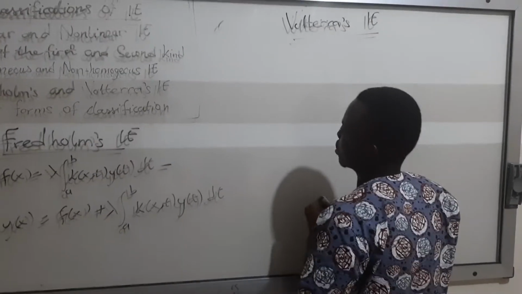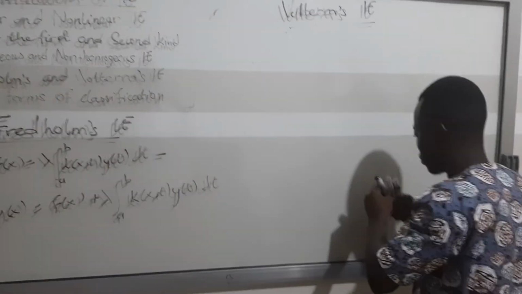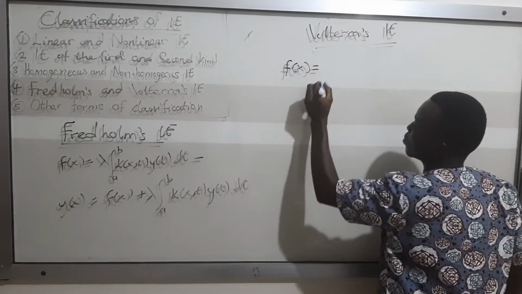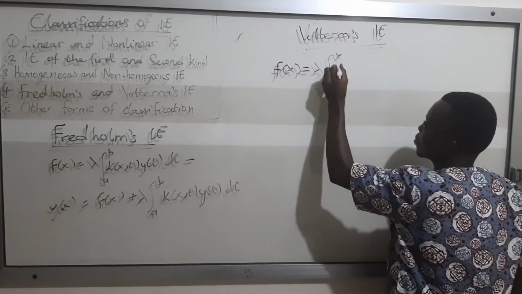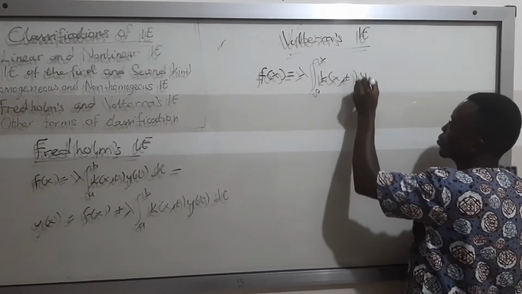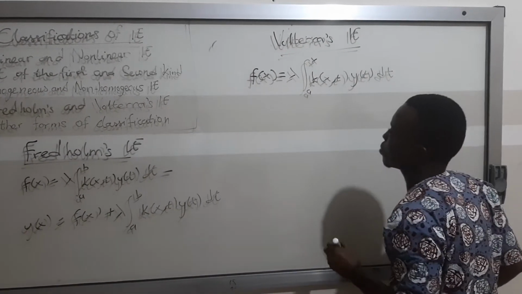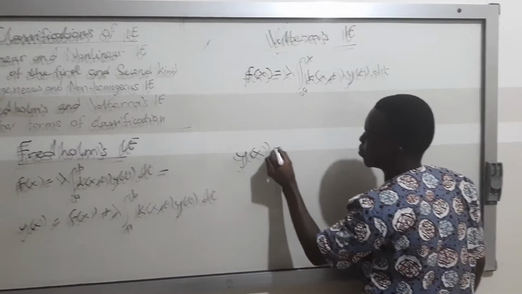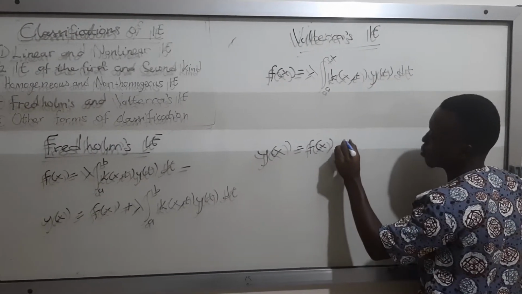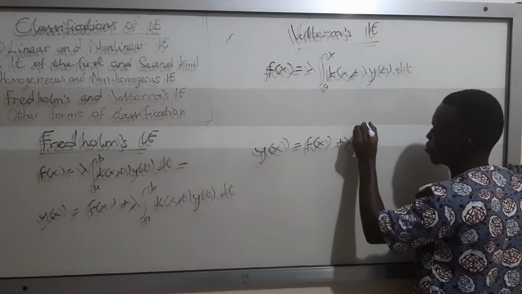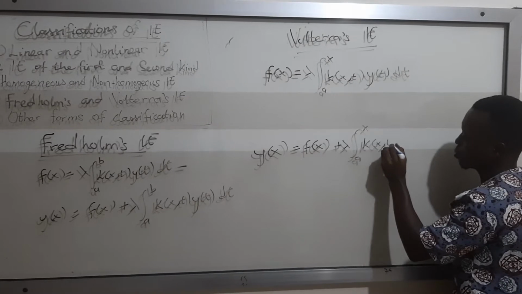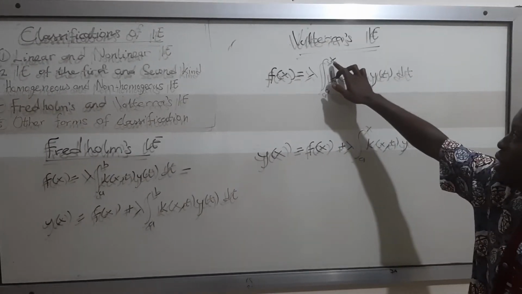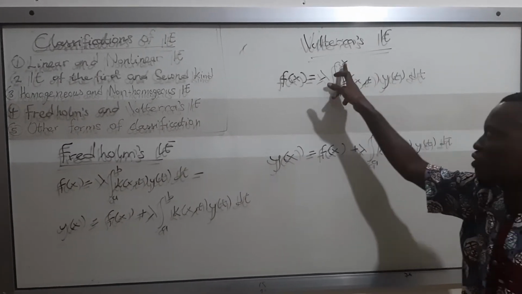So that is, we change the b here, it's now not a constant anymore. We change it to s, which is a variable.